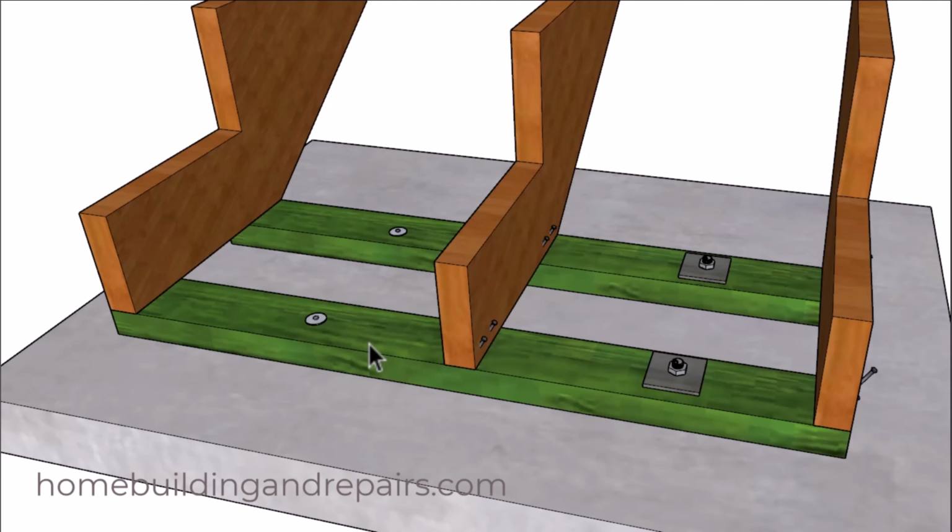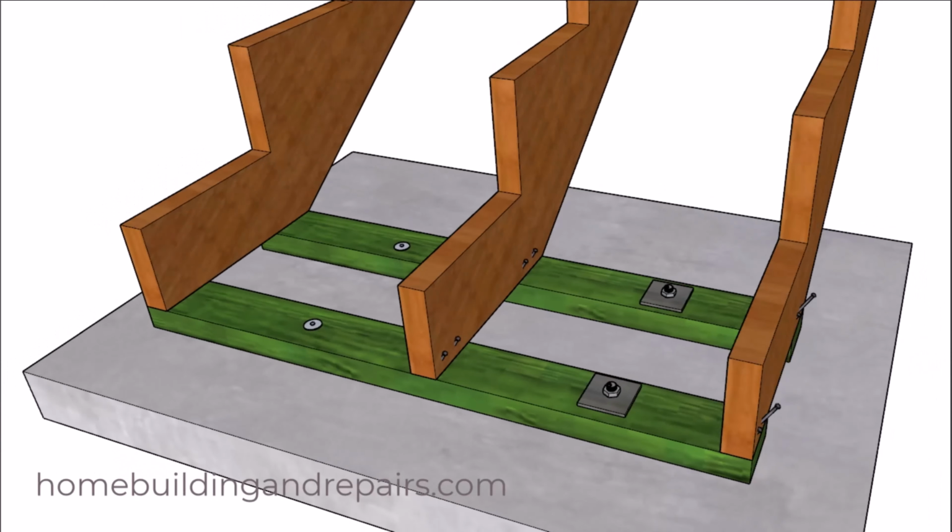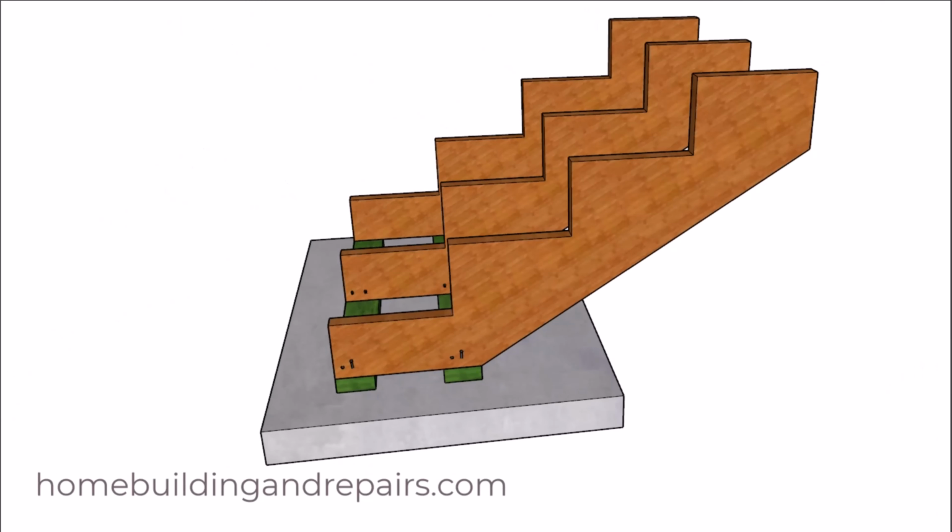If it was a wood floor foundation, then I would eliminate these boards and have the stringers sit directly on top of the floor sheathing without a kicker, because the nails or screws or whatever building hardware you're going to use will prevent the stair stringers from moving. And how do I know this? Because I've never come across a stairway where these connections actually failed.